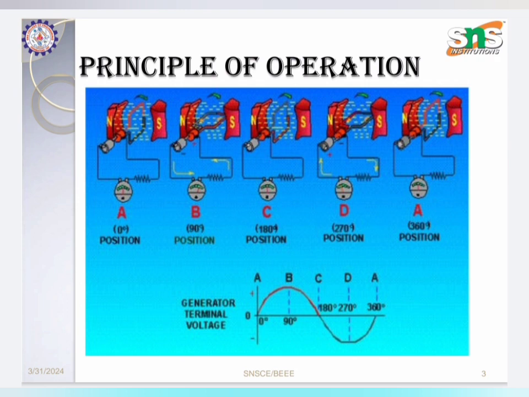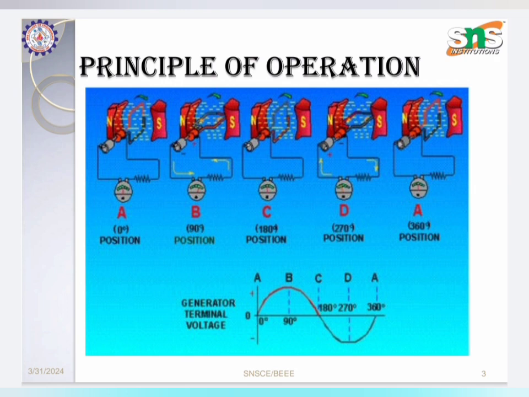From 180 to 360 degrees you can see the exact reversal of the phase which happened from 0 to 180 degrees. That is what diagrams 4 and 5 represent. In 4, from 180 to 270 degrees, the phase reversal has taken place and the maximum EMF is induced because the conductors cut the maximum lines of force.